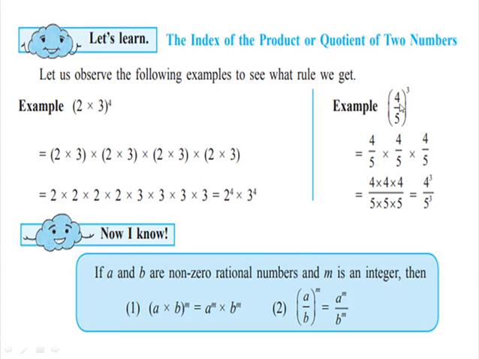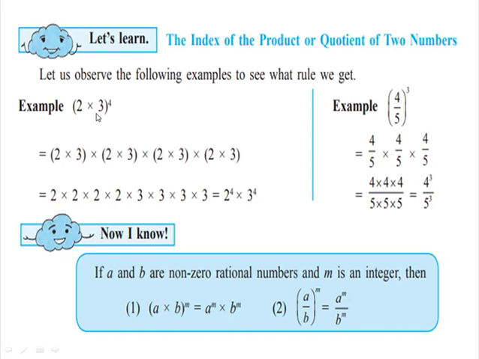Here the base is taken as the division and the index is given to both numerator and denominator. Now, let us see what quotient do you get for the two numbers and what product do you get when the index of the product is taken and index of the division is taken.